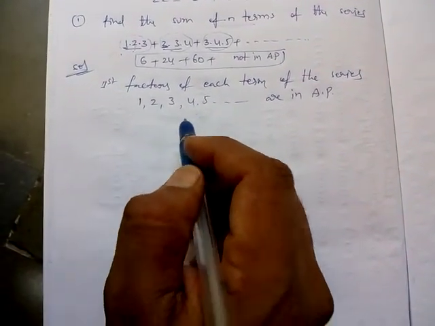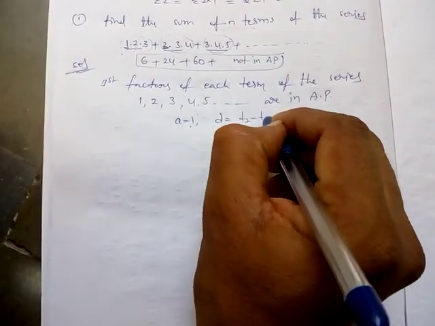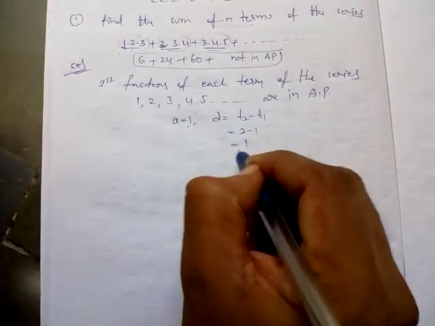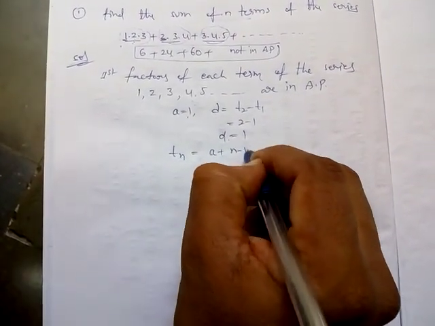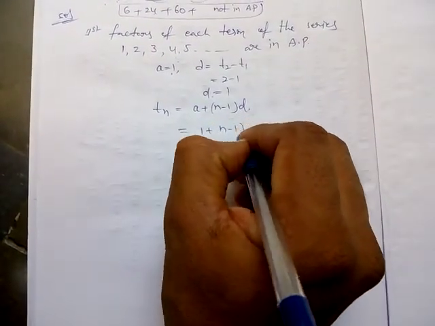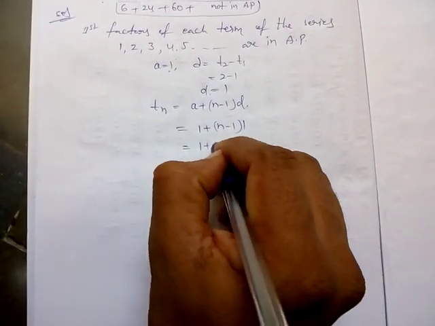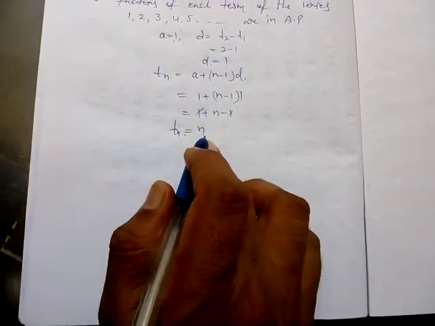For the first factors, A is equal to 1, D is equal to T2 minus T1, so 2 minus 1, D is equal to 1. So Tn is equal to A plus n minus 1 into D, so 1 plus n minus 1 into 1, 1 plus n minus 1, we get n. So the nth term of the first factors is n.